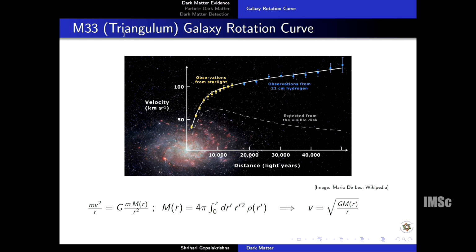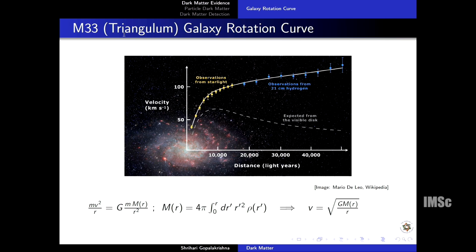If you do that, I will get the total mass enclosed within that radius, and that will give me m of r, and then I plug it into this equation which we had earlier. The only difference is that the mass is changing as I now go in r. It is increasing because I will enclose more and more mass. So that simple fact now will let us predict the velocity as I move in r.